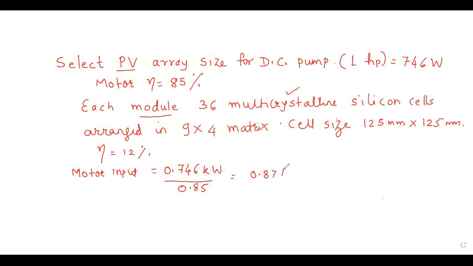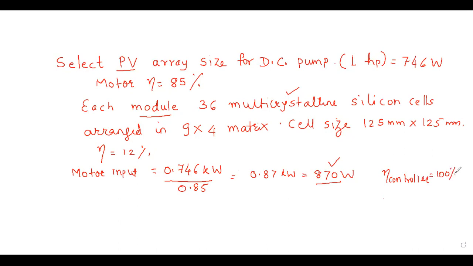Or if you want it in watts, it is around 870 watts. So this is what is to be supplied to the motor. And I am assuming that the controller efficiency is 100%. There is no inverter because it is a DC pump.